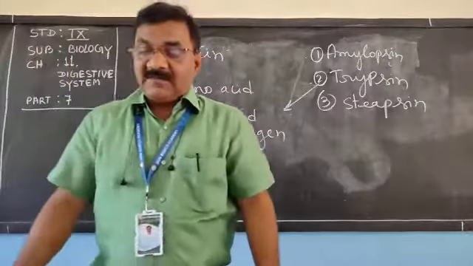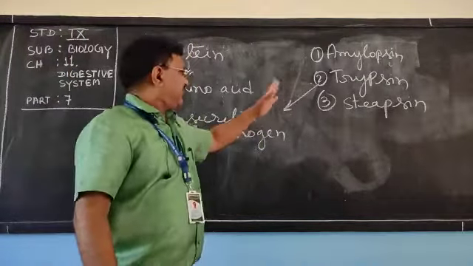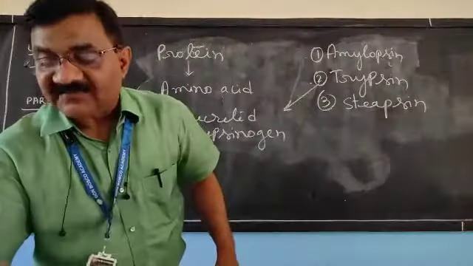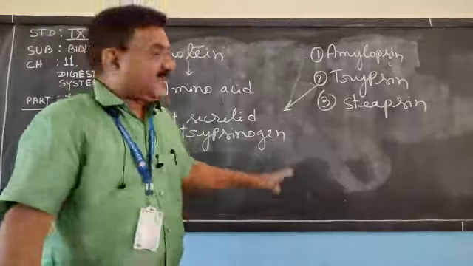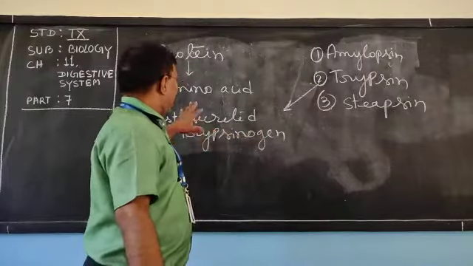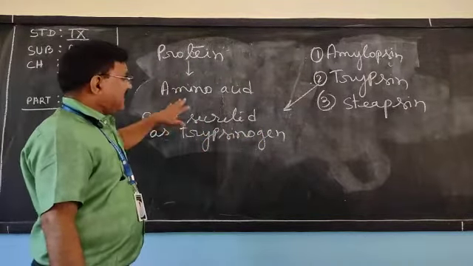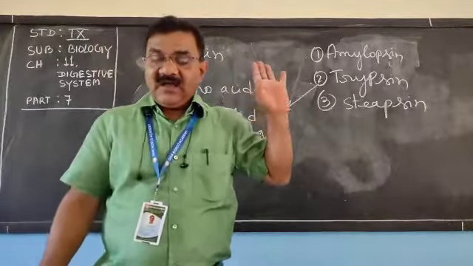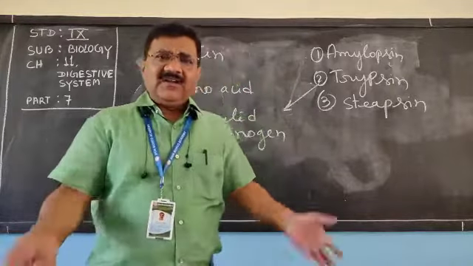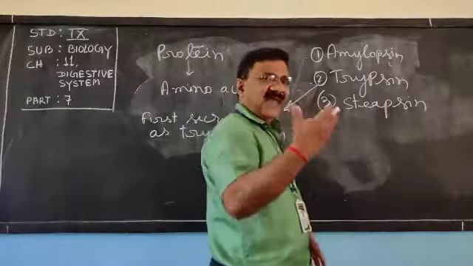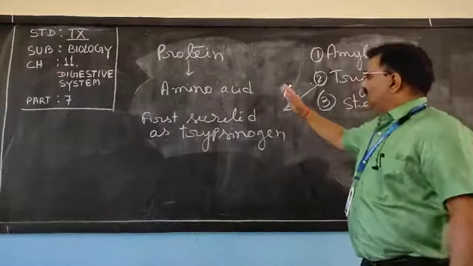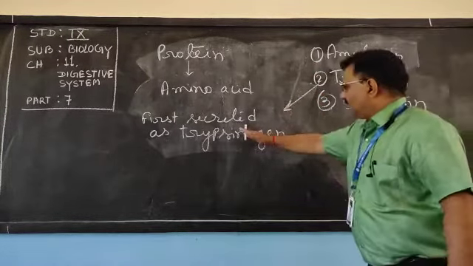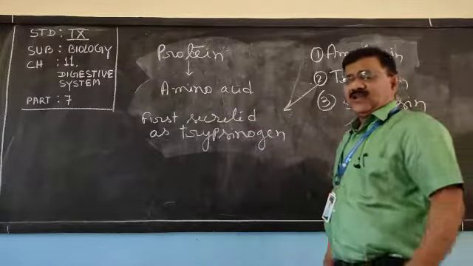Trypsin in the beginning is secreted as trypsinogen, and trypsinogen is inactive and has to become active. The active form of trypsinogen is trypsin. Now, here a question arises. How will it become active? Is there any magic that trypsinogen will be changed to trypsin?